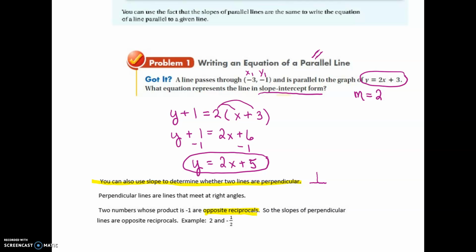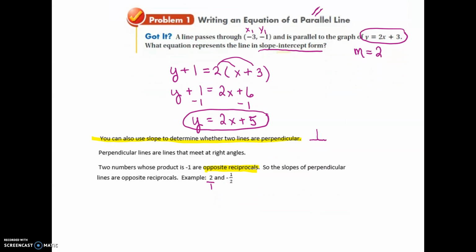They have to be opposite reciprocals of each other. So for example, 2, I always like to write it as 2 over 1, and negative 1/2 are opposite reciprocals. We have to flip the number, but we also have to have the opposite sign.